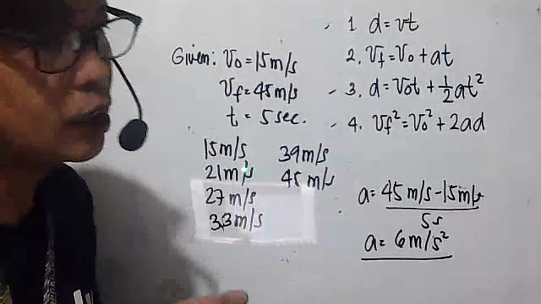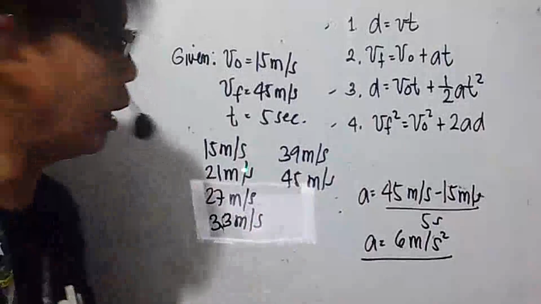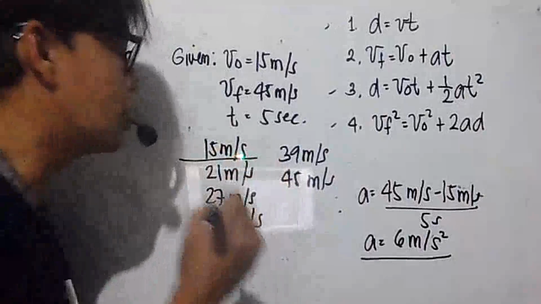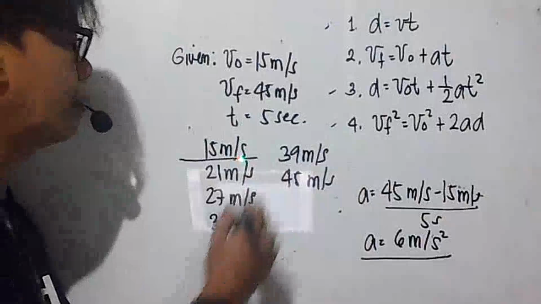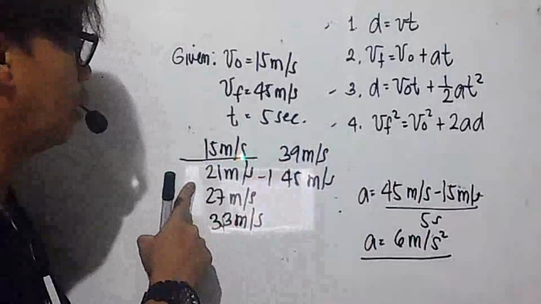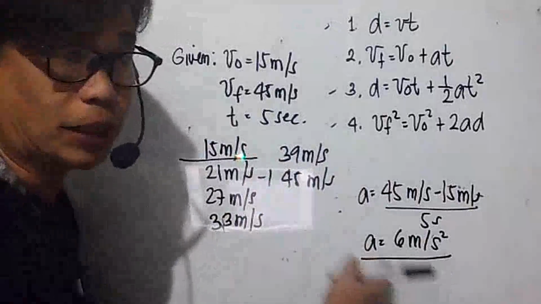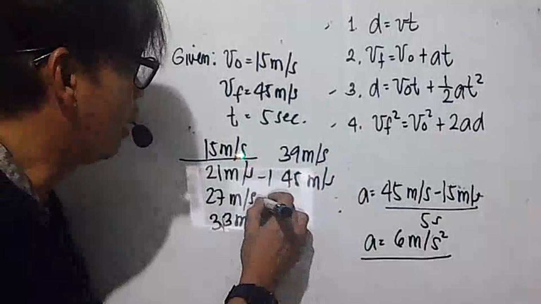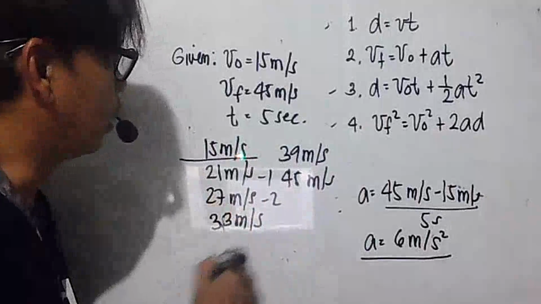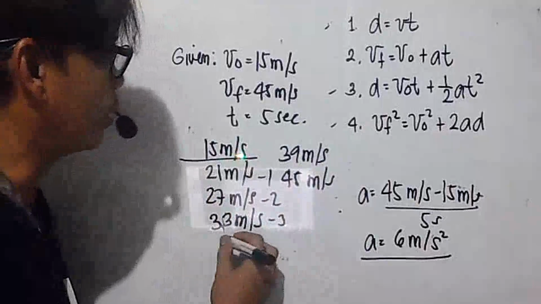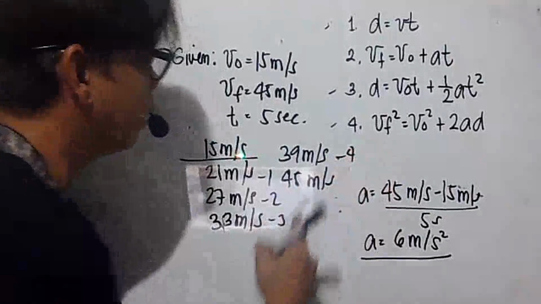So, bumibilis siya ng 6 meters per second. Okay? So, this is the initial velocity of the car. And then, the first second, it became 21 meters per second. Dahil 6 meters ang binibilis niya per second. Second is naging 27. Third is naging 33. At the fourth second, it is 39.